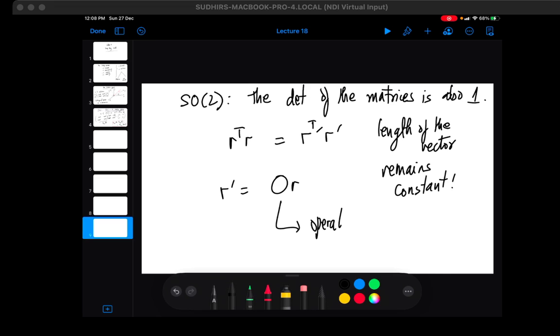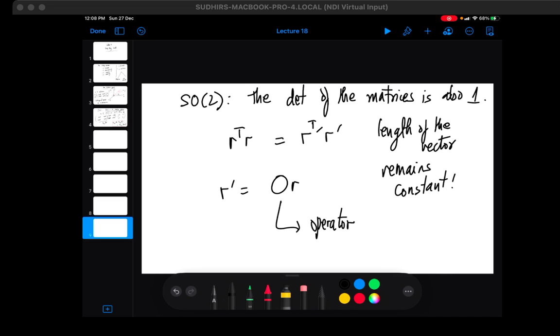This is very similar to what we had checked essentially in the complex space, say for example, the length of the ray, essentially the length of the Hilbert space vector. So very similar, if you have ordinary rotations, what it keeps is the length of the vector the same. If you substitute this, you end up with O transpose O equal to 1.